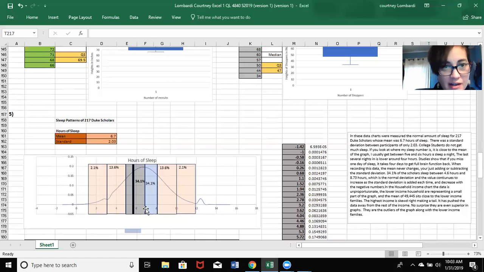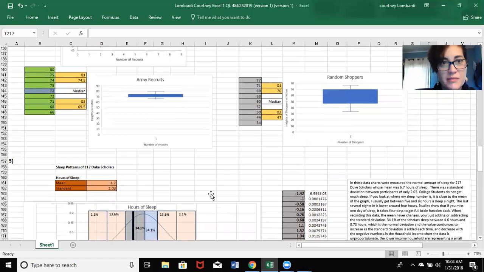That's way too much sleep. Too much sleep isn't good for you either. So you have a big rise here where your mean is, because a lot of people fall under this bracket. So the bell curve has to go up. I didn't mention that before.